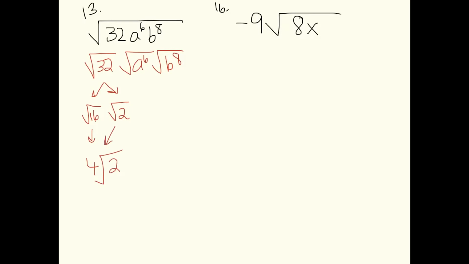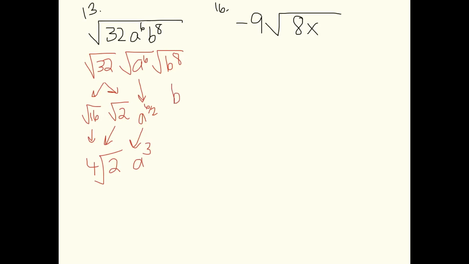And now we can come back over here and work with these variables. Square root of a to the 6th, remember we turn into rational form, which is a to the 6 over 2, and that becomes a cubed. Over here, again, turn it into rational form.